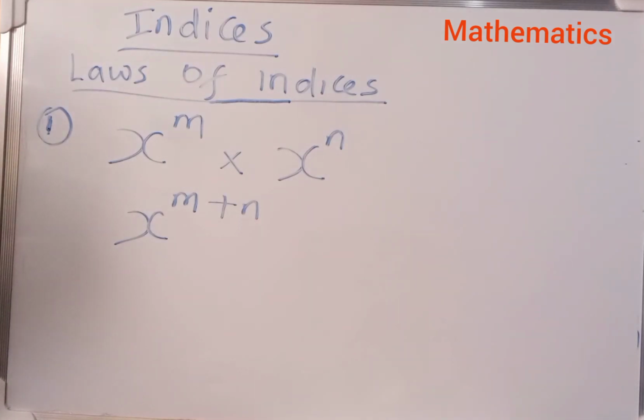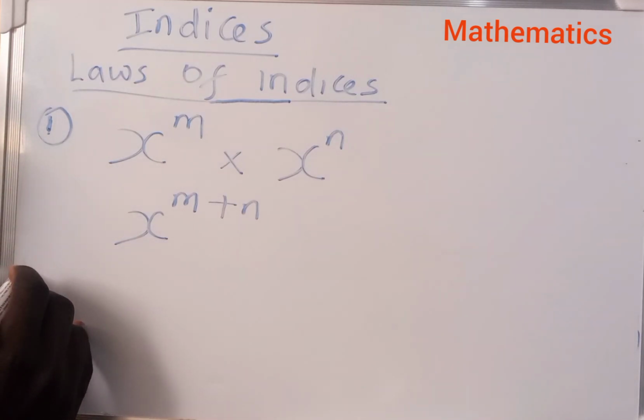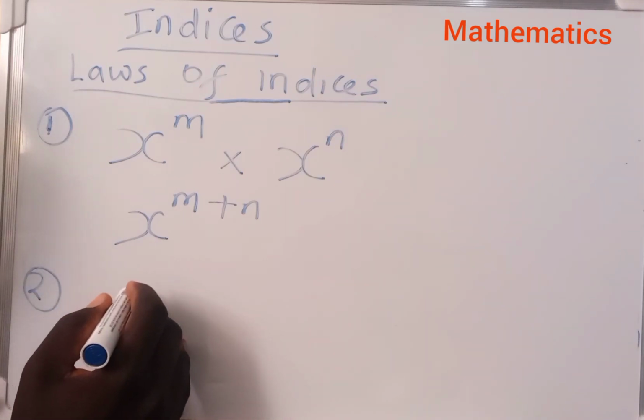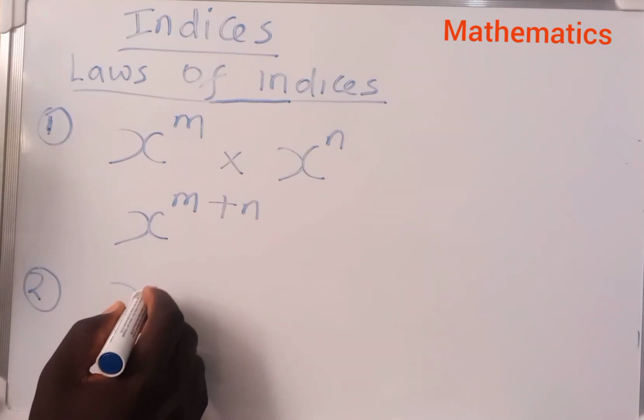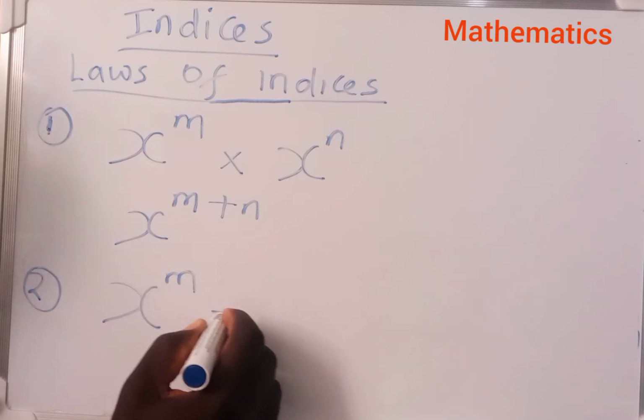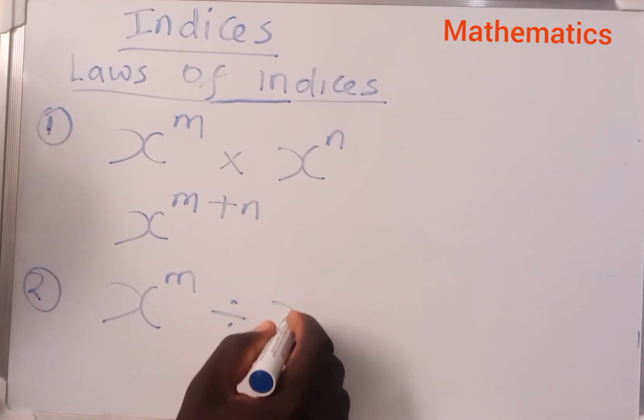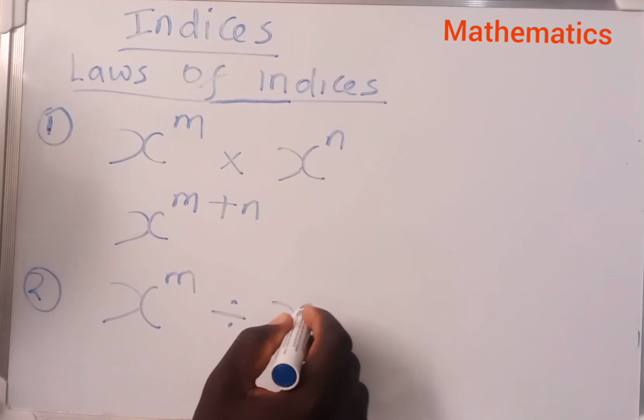Now, number two, that is the second law of indices. That is x raised to m divided by x raised to n.